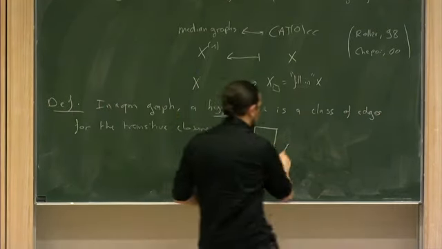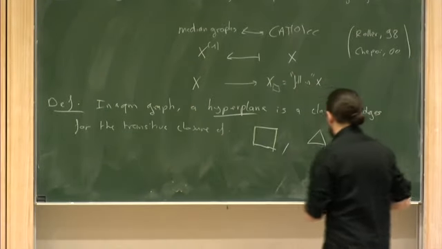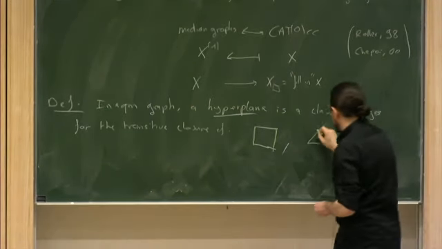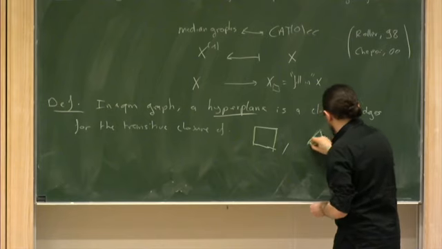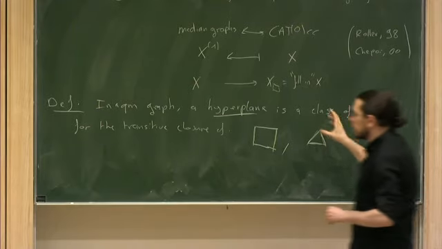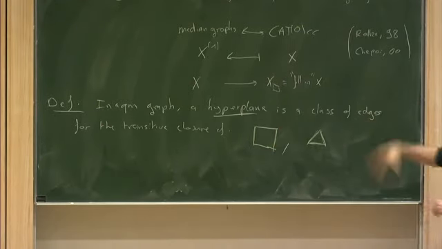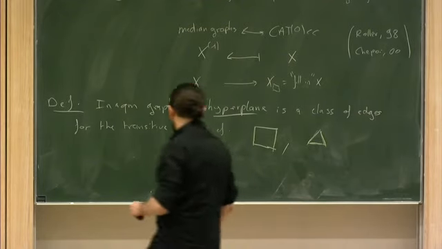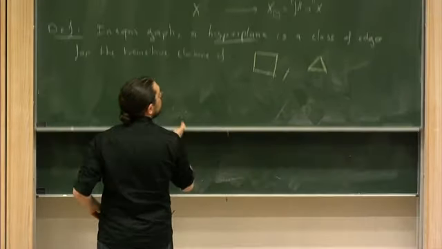Okay, and if you have a triangle, then you say that the three edges are equivalent. Okay, and you take the transitive closure of this relation. I will give a concrete example in a minute.